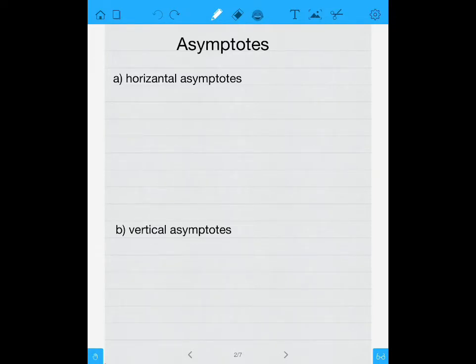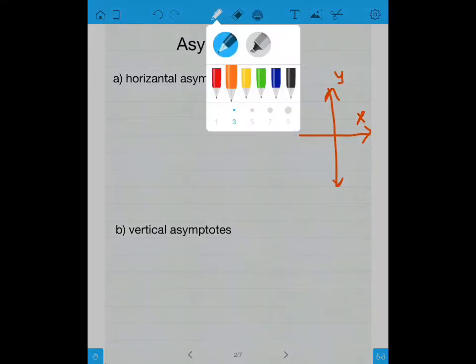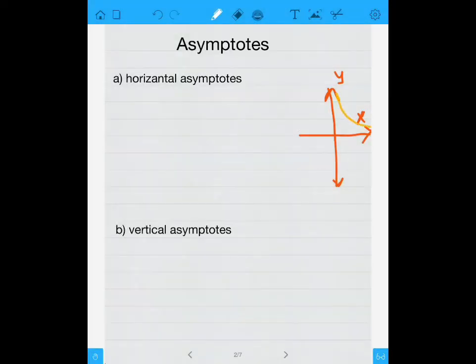See here in the coordinate plane. Here we have x, and here we have y. This is the graph. When I say horizontal, we want to draw something like this.